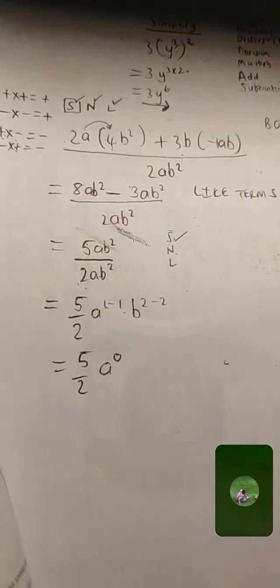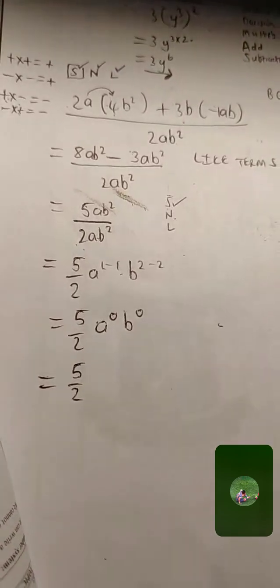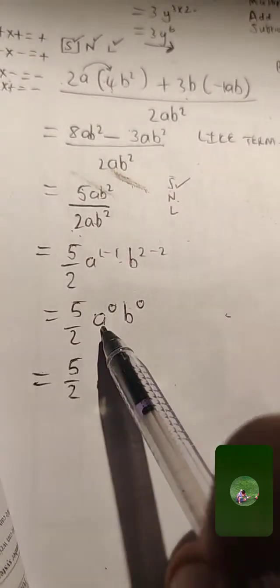So we have 5 over 2. A to the power 1 minus 1 is 0. 2 minus 2 is 0. What is a base raised to the power 0, Tabelo?